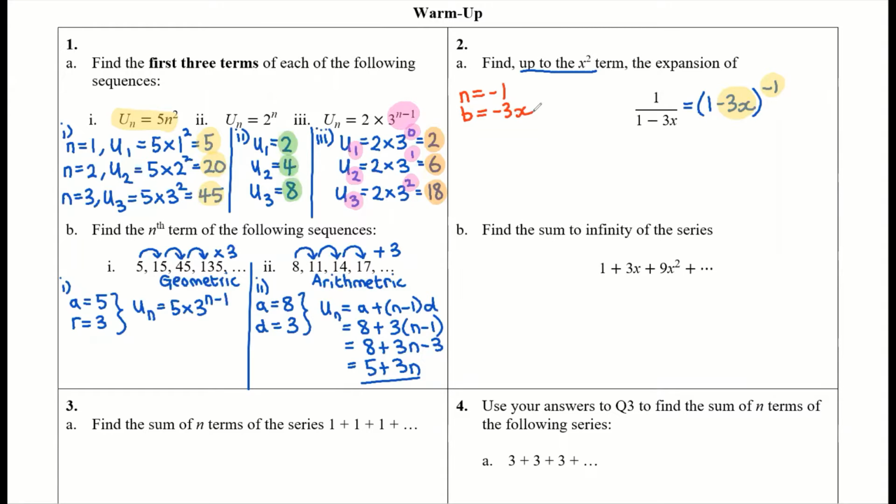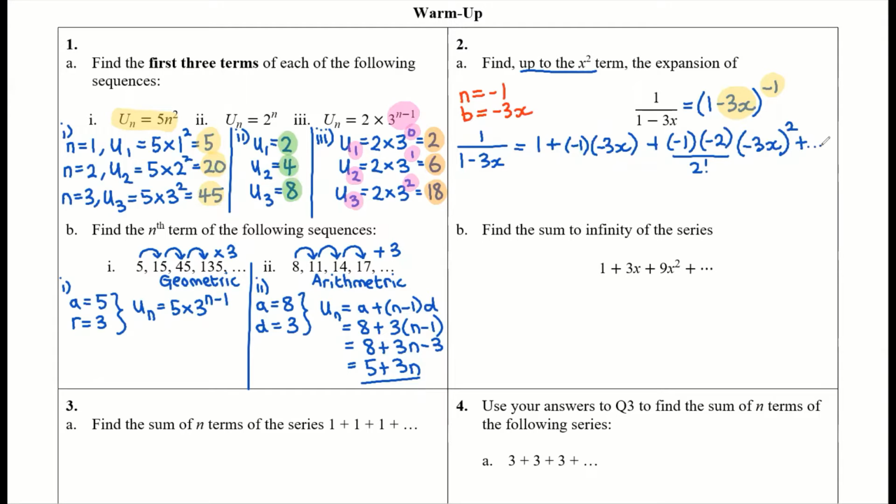Okay, and then we can substitute those into the binomial expansion given on the page above. So we're going to have 1 over 1 subtract 3x is going to be equal to 1 plus n times b, and then we only need one extra term, plus negative 1 multiplied by negative 1 subtract 1, which is negative 2, over 2 factorial, and that's going to be negative 3x all squared, plus some other stuff.